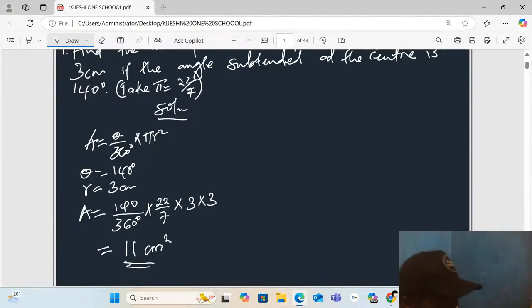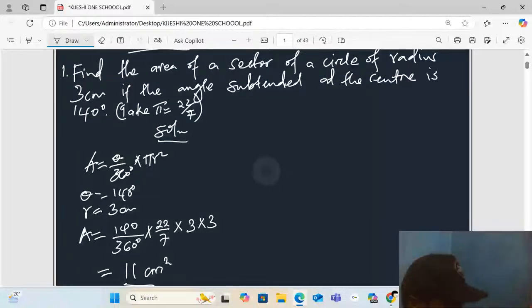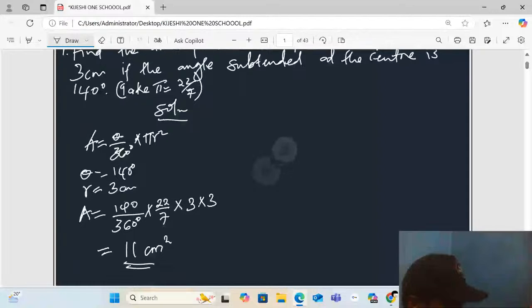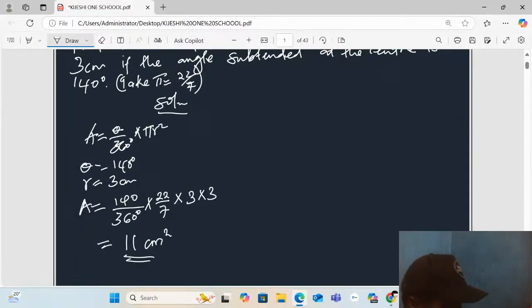Now that is your area of the sector. So it's that simple. You simply substitute the given values for the unknowns, then you work out. So that is easy.